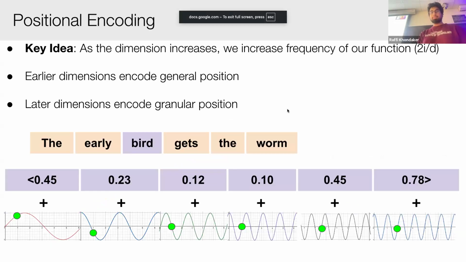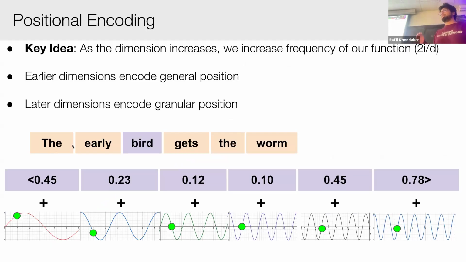For example, you see positional encodings very often in text. Oftentimes you want to encode the position of a word, where it is in a sentence. So here I have the encoding for the word bird. Again, it's independent of the word itself, just based off of its position. If you look at this in isolation, it doesn't really mean much.